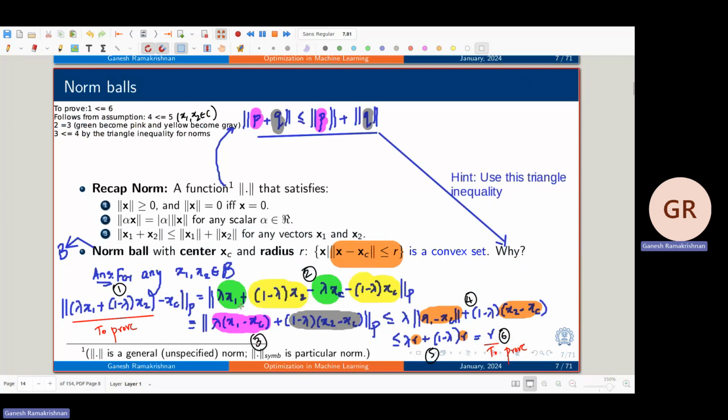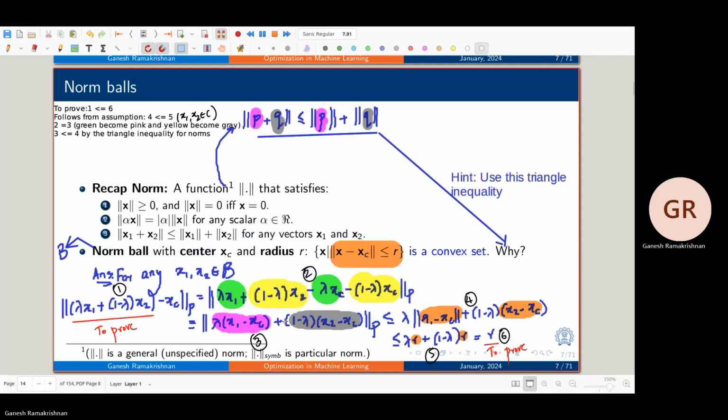The first step is I'm just doing lambda x1 plus 1 minus lambda x2 minus lambda xc. The same xc I'm taking with lambda and 1 minus lambda. Have I used any property of norm so far in this first step? Nothing. xc is lambda xc plus 1 minus lambda xc.